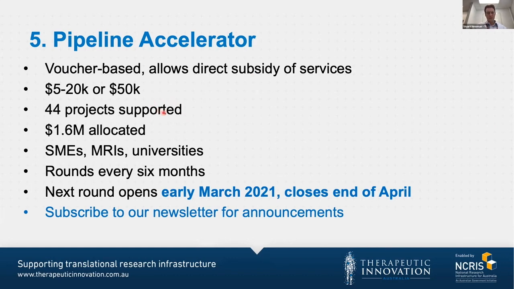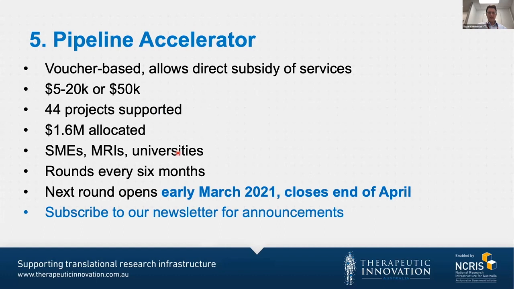Currently, we have exactly 44 projects that have been supported. Most of them are still in progress, and I note that from the participants list, we have a few recipients dialing in, so shout out to them. Thus far, we've allocated about $1.6 million, so it's not a huge amount of money, but it's focused on driving access to our facilities. It's open to SMEs, MRIs, universities, also to international groups as well.